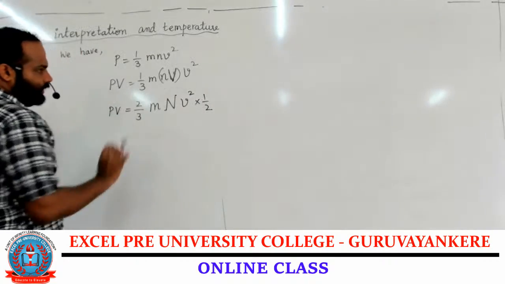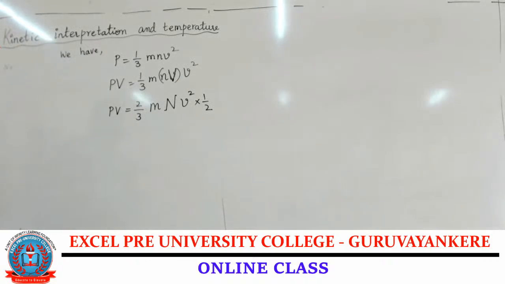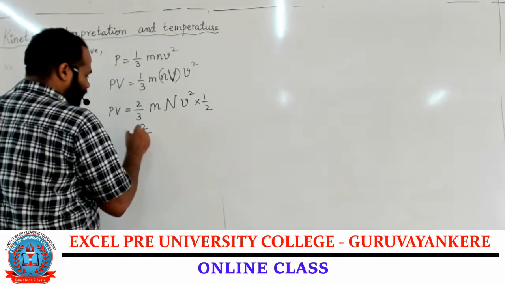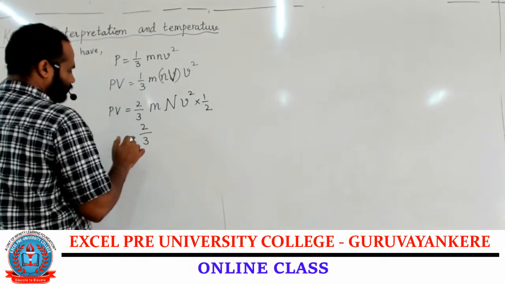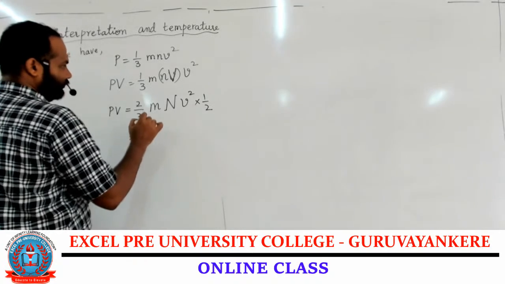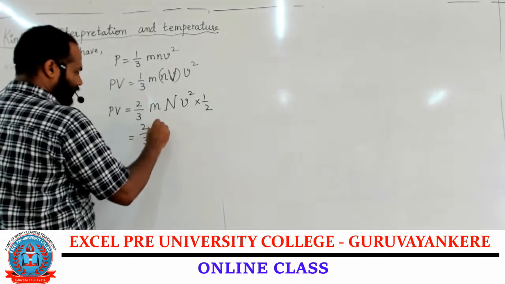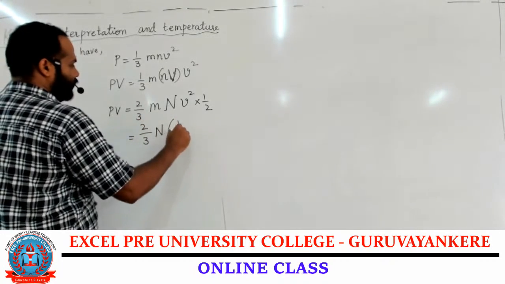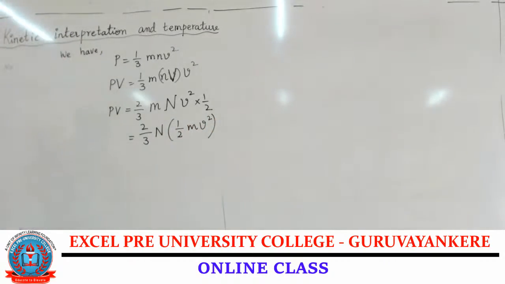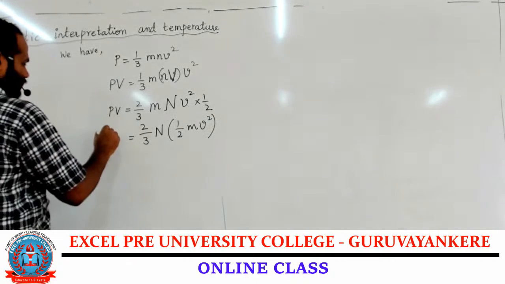Since I multiplied by 2, I have also divided by 2. Then it will be 2 by 3 N half m V square.